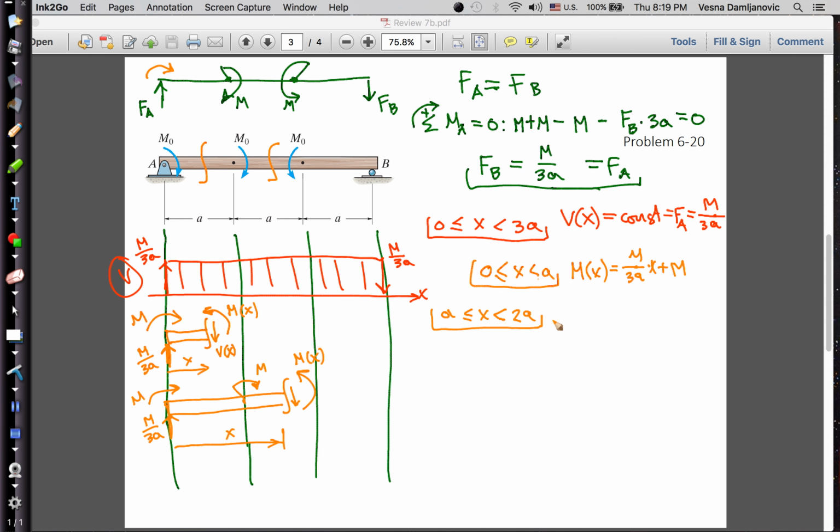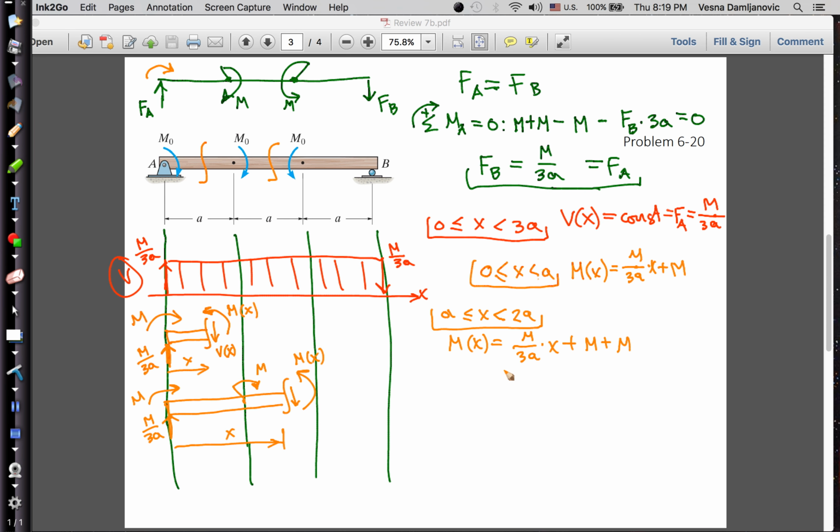And now we write the moment, okay? So the moment of X will be equal to, again the same thing, M over 3A for this force times the X to that point. So it's going to be M over 3A times X. Then this moment is just plus M. And that's it.